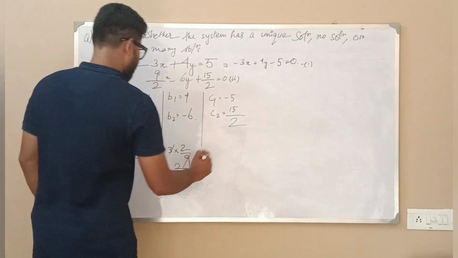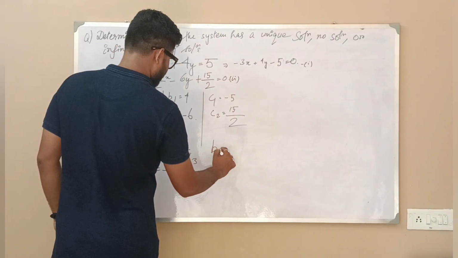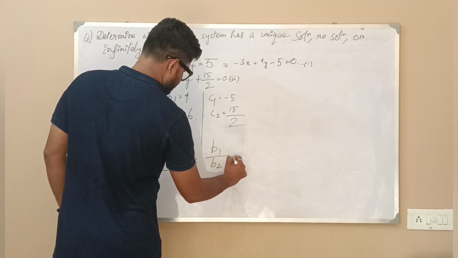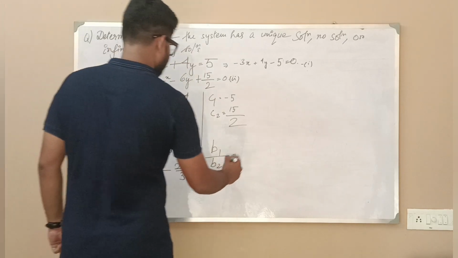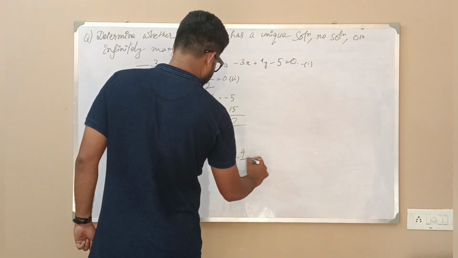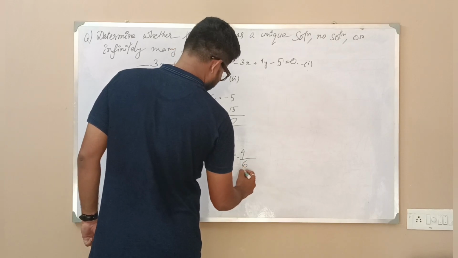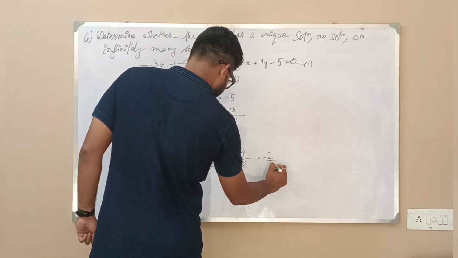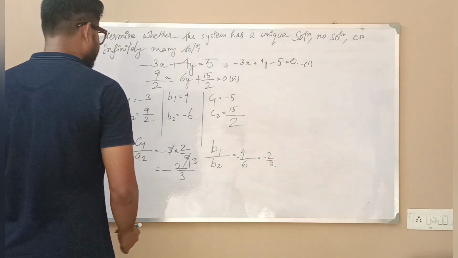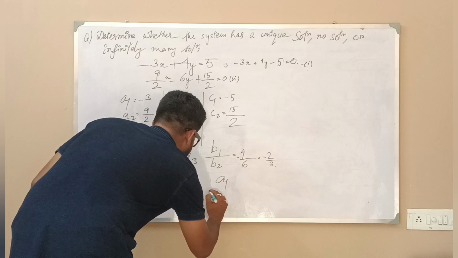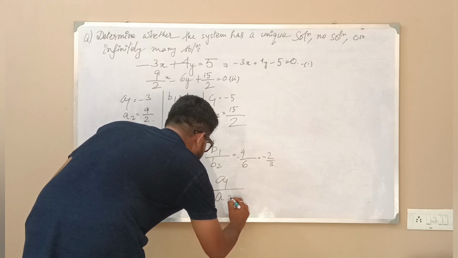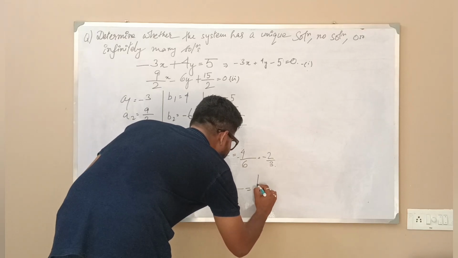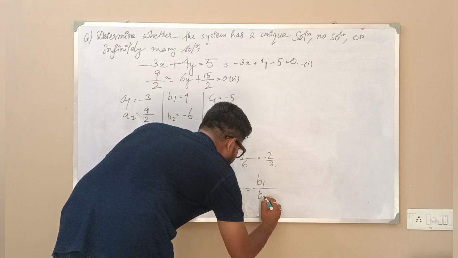Now turn for b1 by b2, it will give us 4 by minus 6, so minus 2 by 3. So up to here we can write that a1 by a2 equals to b1 by b2.